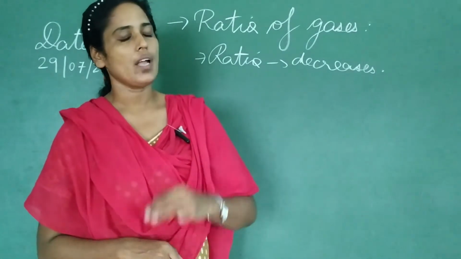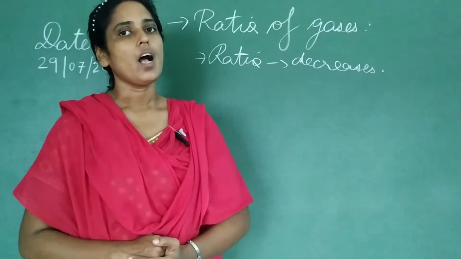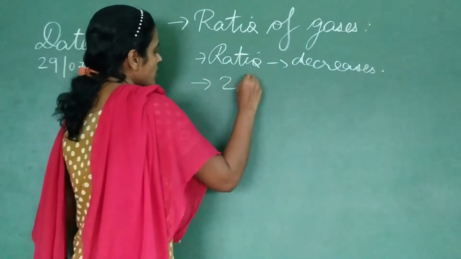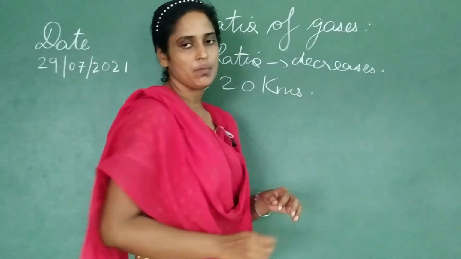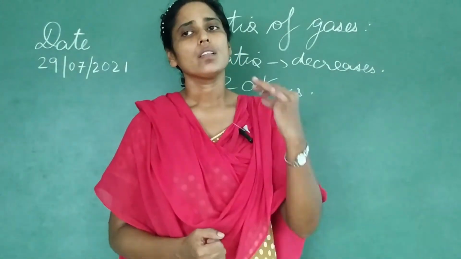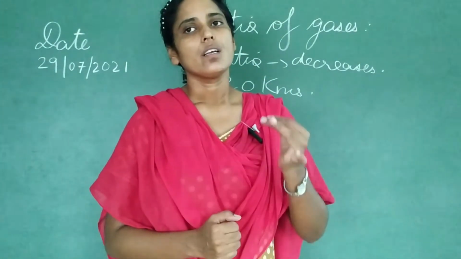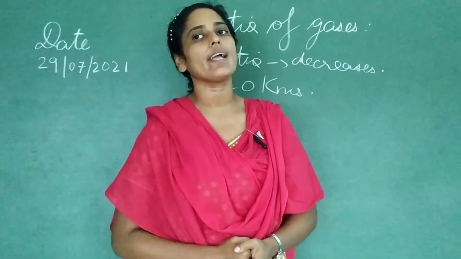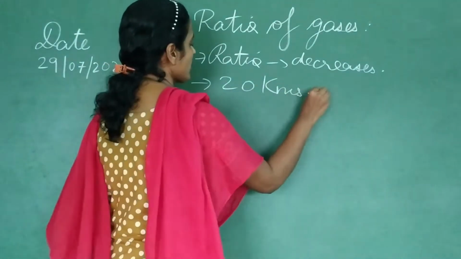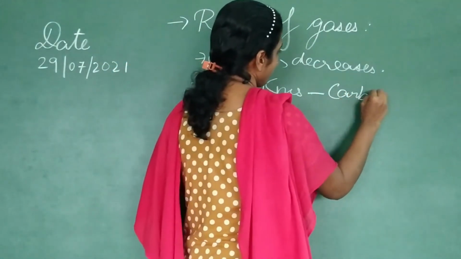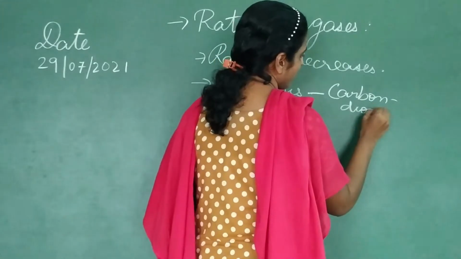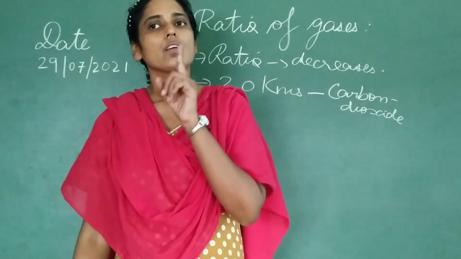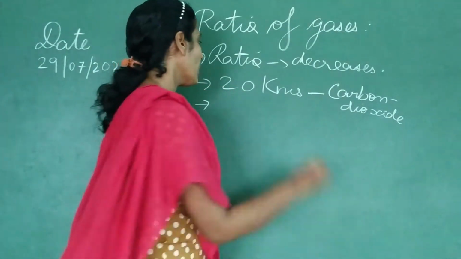And the presence of carbon dioxide after the height of about 20 kilometers. How many kilometers, students? After the height of 20 kilometers in the atmosphere, what happens? The presence of carbon dioxide after the height of 20 kilometers, and the presence of oxygen after the height of 110 kilometers.